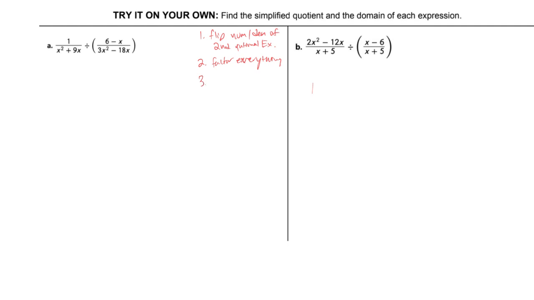Then we want to cancel any terms we can, right, or cross out common factors. And then lastly, right, find excluded values. So I want you to pause this now, try these on your own, and I'll show you the solution.